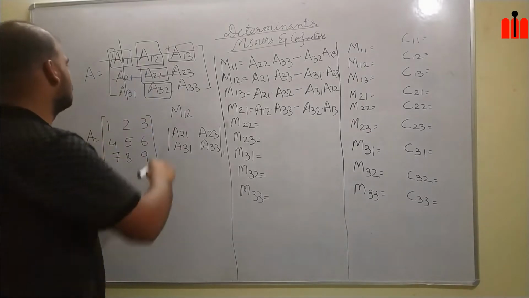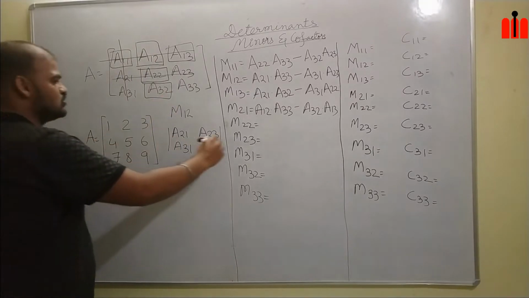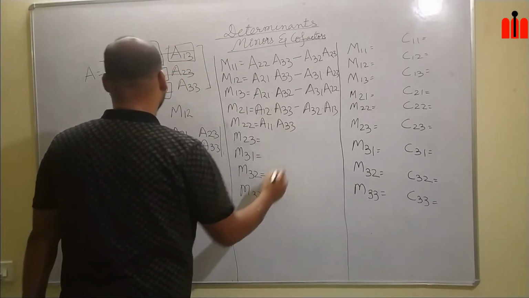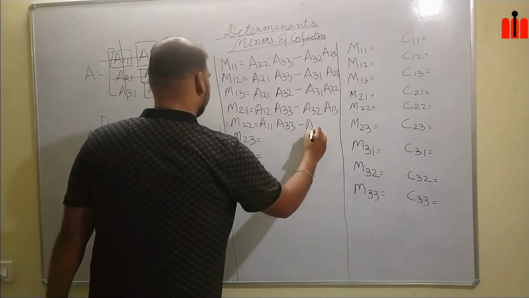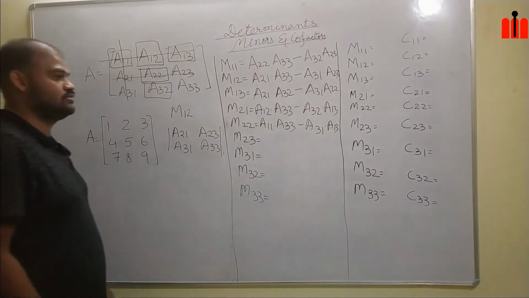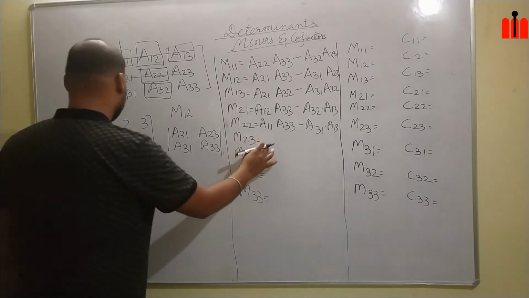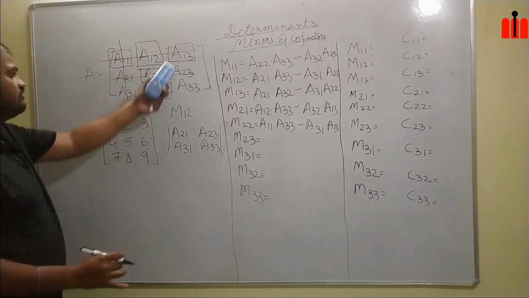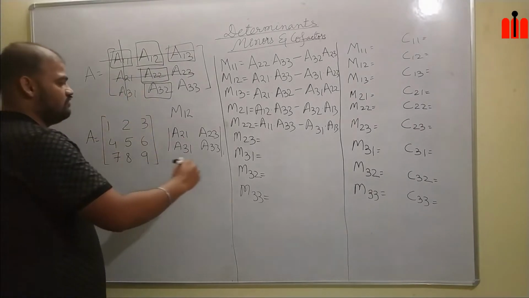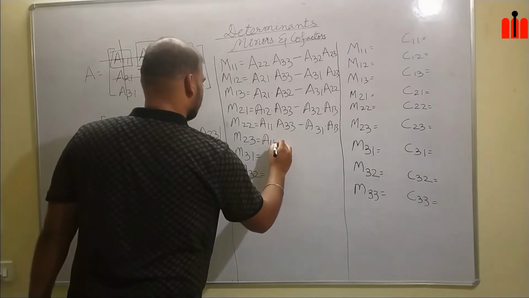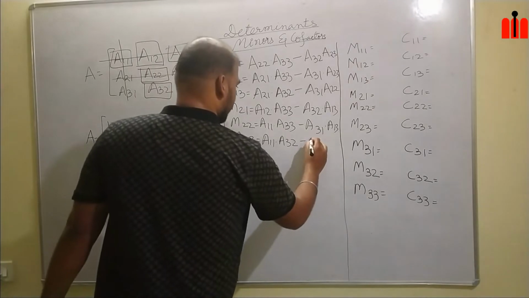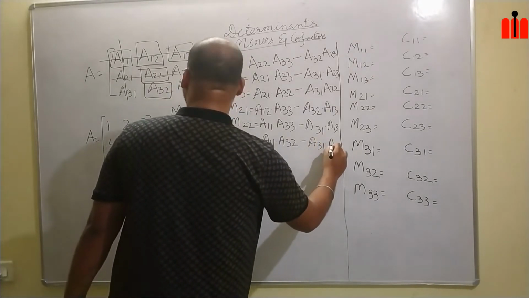M22, second row, second column. So it will be A11 into A33 minus A31 into A13. M23, second row and third column elements will be struck off. So we will be left with A11 into A32 minus A31 into A12.